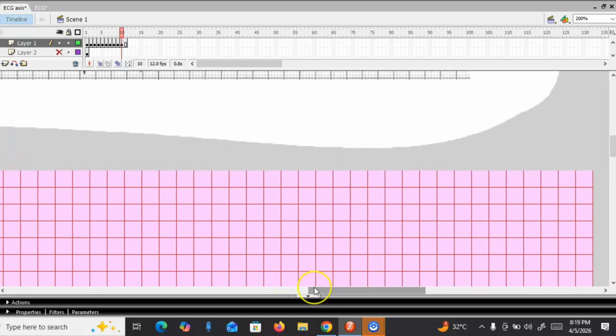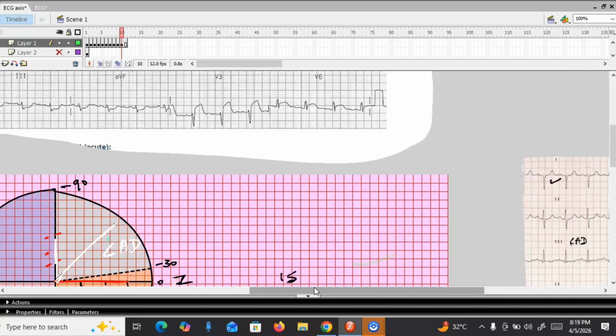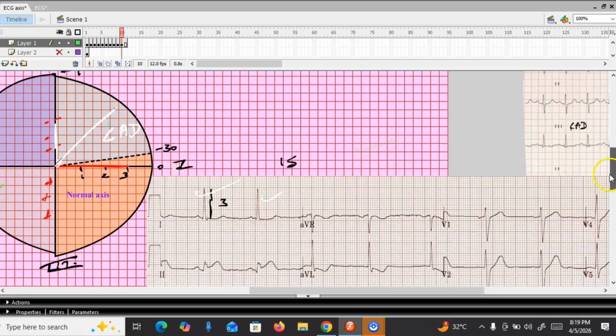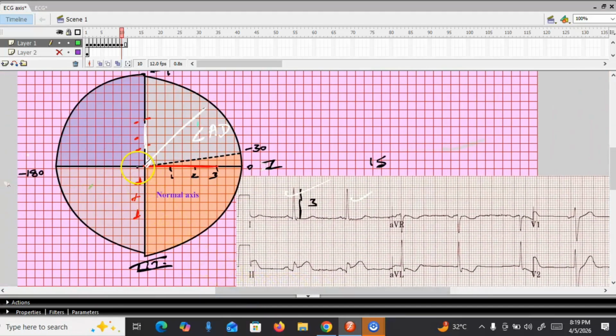Now 2 big squares, for example, here also 2 big squares on the negative side. So lead 1 will be drawn negative. Here lead 1 is negative, so it will come here around 1, 2, the negative arm. Understand? So this is lead 1. Lead 3 is what? Positive.